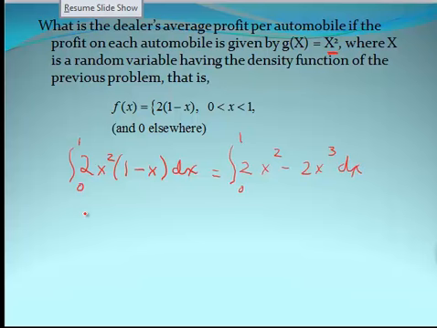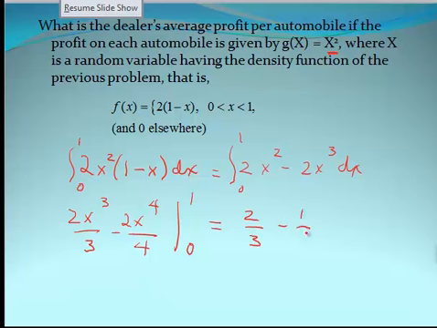So then we can say x to the third over 3 minus x to the fourth over 4, from 1 to 0, and that becomes 2/3 minus 1/2, and then we're subtracting off 0.